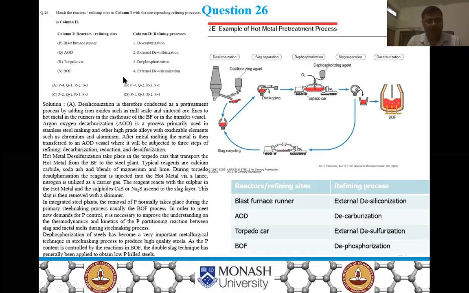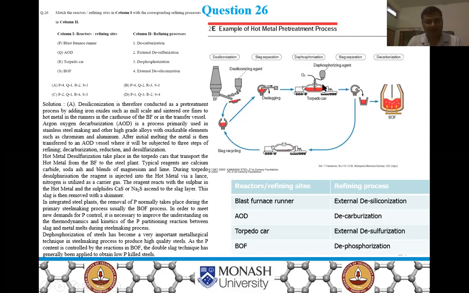So P is 4, and AOD, that is argon oxygen decarburization, Q corresponds to 1, decarburization.